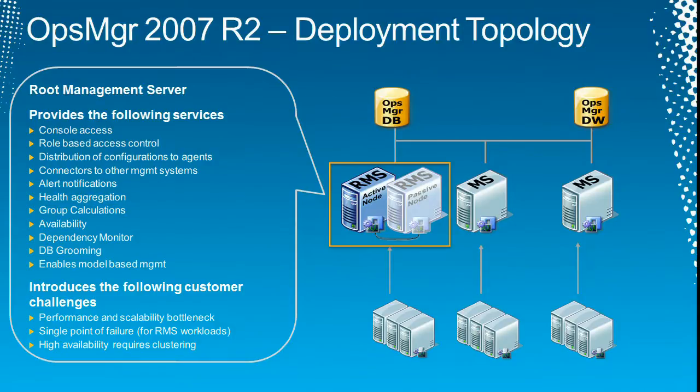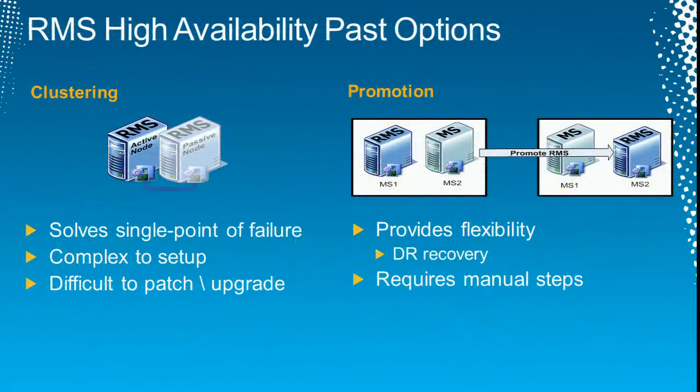Now, there are options for high availability today. That all depends on your SLA, and we'll talk about that in the next slide. But we could do it highly available, but it could be quite challenging. If you look at those high availability options, in essence, there are two things you could do. Of course, you could cluster your RMS, active-passive node, and the passive node would pick up if the active node would fail.